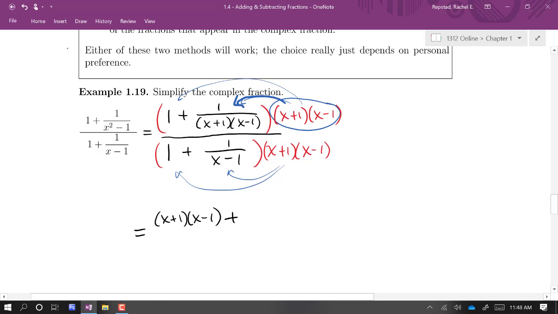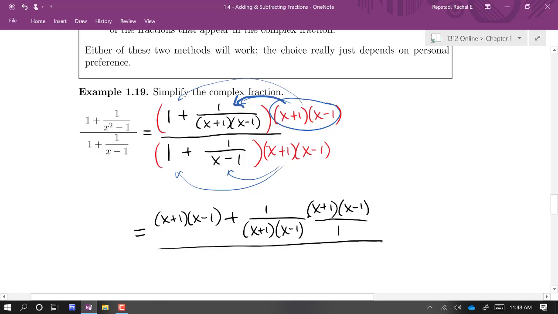I'll write out the term, but a lot of people might skip this step, and you might find that you do after you get a bit of practice. We have the fraction 1 over x plus 1, x minus 1 times x plus 1, x minus 1, which I'm going to write over 1, just to emphasize. So that's on top. We can see that these cancel, and so we're just left with 1.